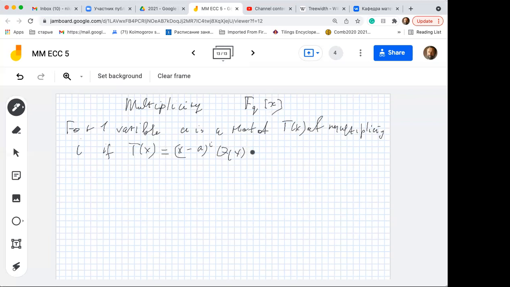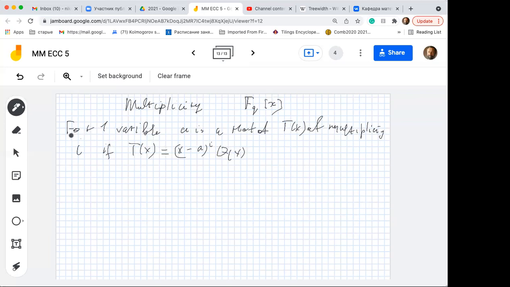And that's why we avoid using the notion of derivative. For real valued polynomials, we also can define multiplicity using derivatives, but we want now to avoid any such definitions.